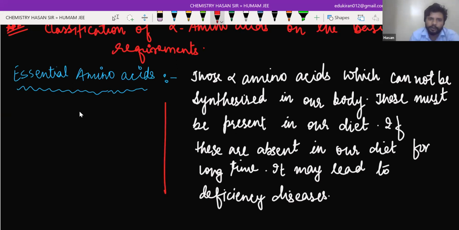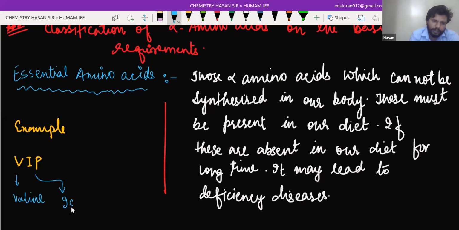I'm going to write on the left hand side. VIP, to remember this: VIP. V stands for valine, I for isoleucine, P for phenylalanine.